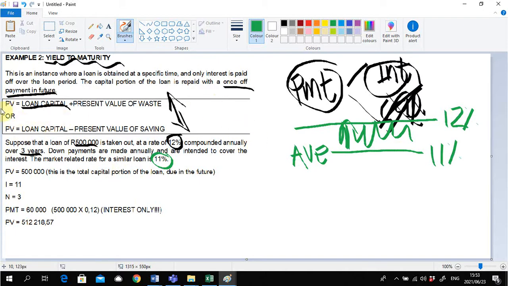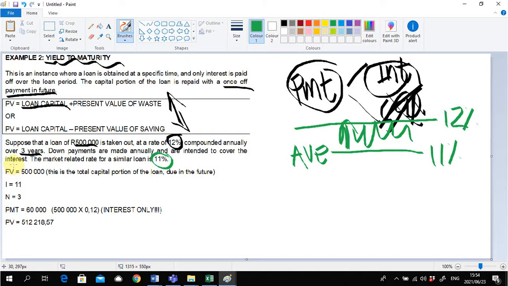So the cost, the present value, the cost of this loan is the loan capital that you need to pay in future plus the money that you've wasted. So that is the cost, the wasted money plus the capital. But it can also be the other way around, and we're going to look at an example where you actually have a saving as well. But you can see in this question that we are paying above the market average, which means that we are actually now wasting money, could be inadvertently.